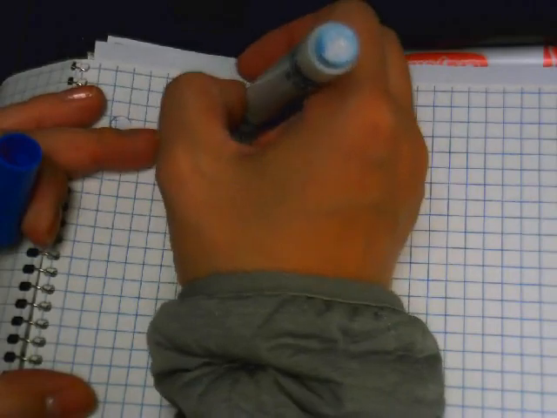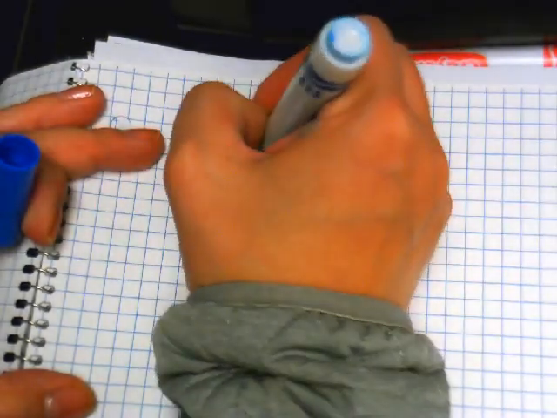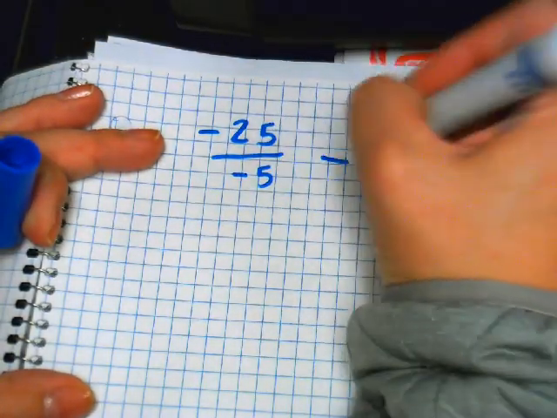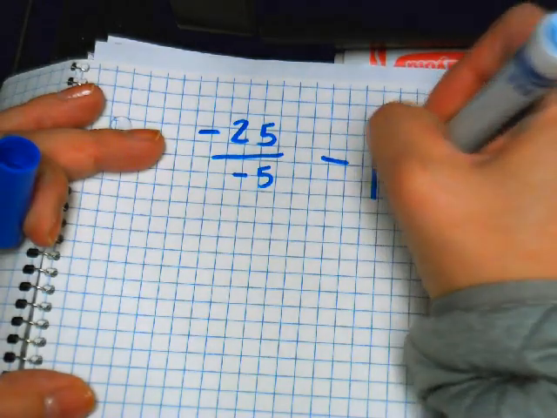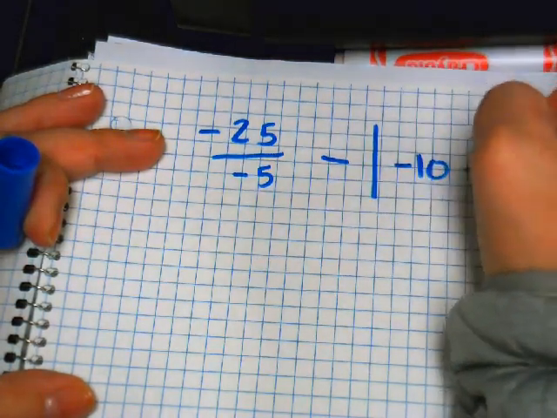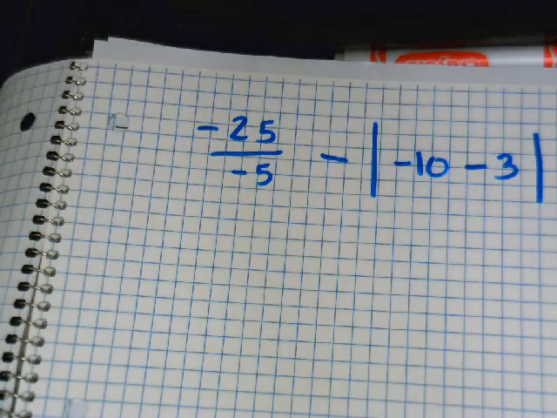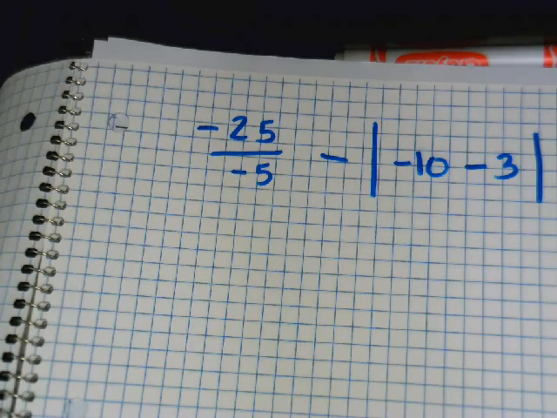What if I give you -25 divided by -5 minus the absolute value of -10 minus 3? Do you realize we're putting everything you've been learning for the past 3 weeks together? Like subtracting integers, dividing integers, and absolute value.